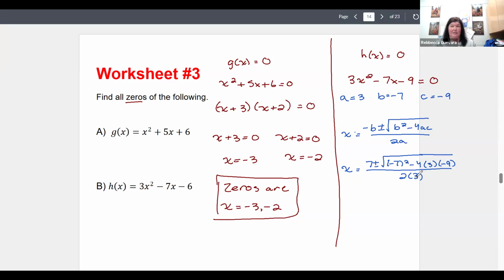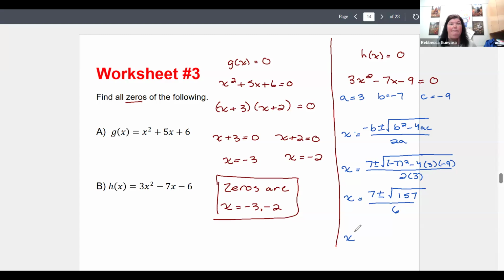To save us a little space, I'm going to just figure out what is under the square root. We have negative 7 squared, which is 49, minus 4 times 3 times negative 9. So it's going to be 7 plus or minus the square root of 157, divided by 6. We may have tried factoring this and it wouldn't have worked, because this basically gives me two solutions.